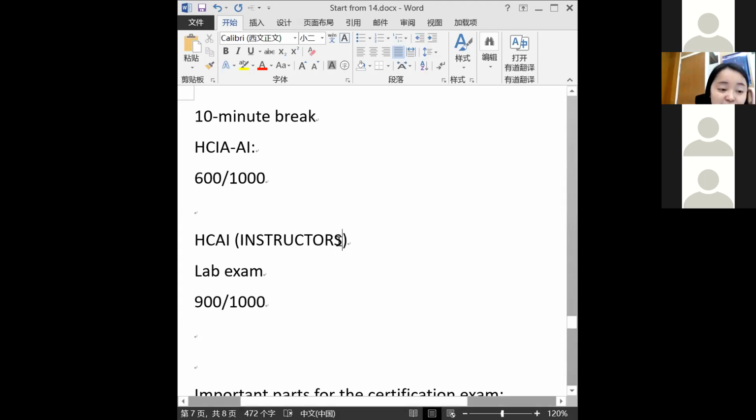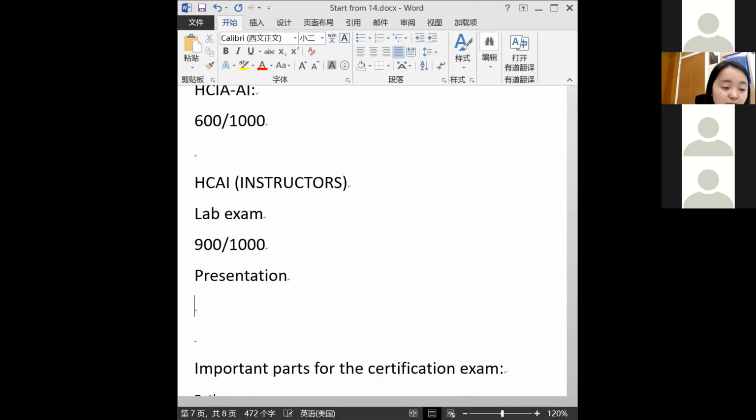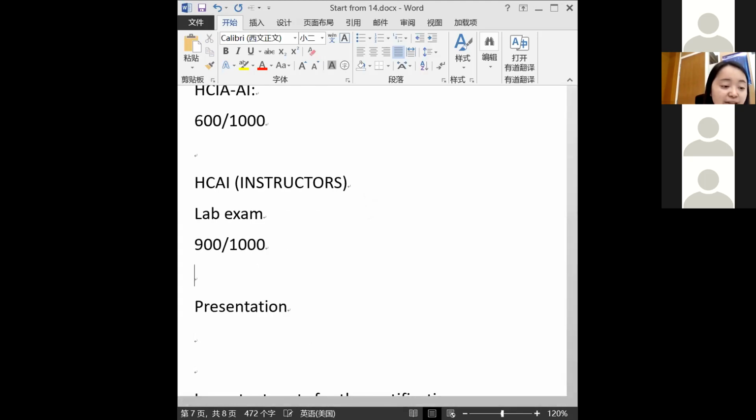This HCIA exam actually contains 2 exams. The first is the lab exam, and the second is the presentation. So actually, you need to pass three exams.